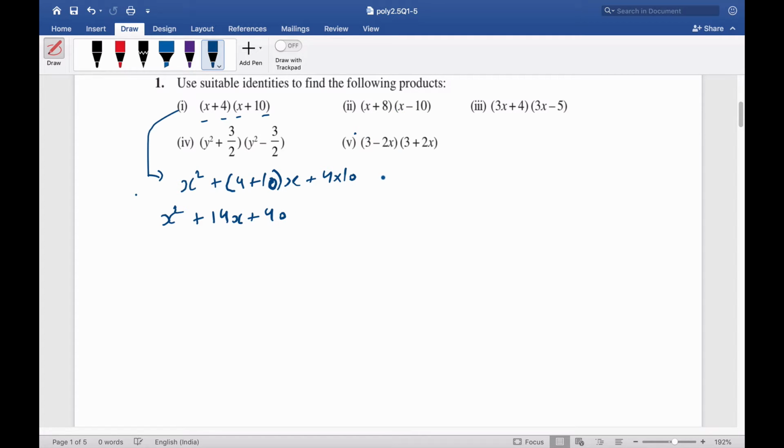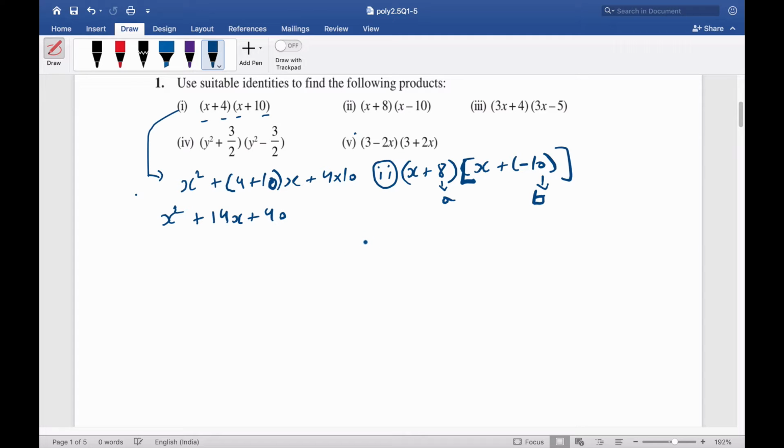And the next, second part, again it is the same identity, but we can write it in this way to give us a clear picture that my a is 8 and my b is minus 10.